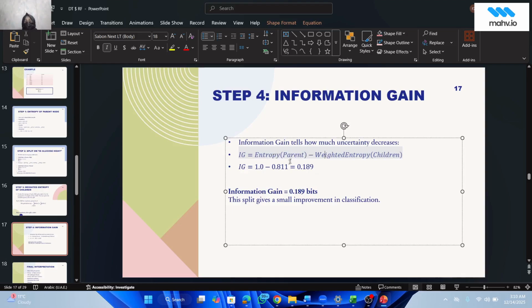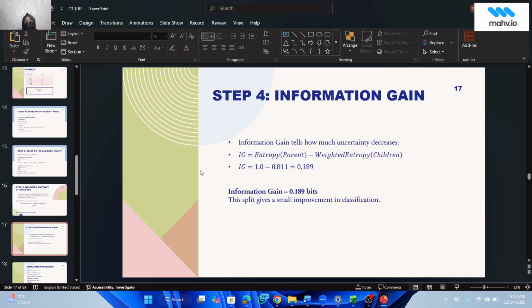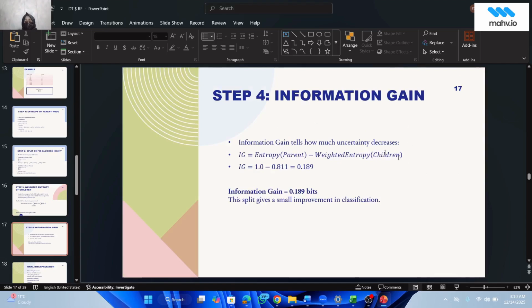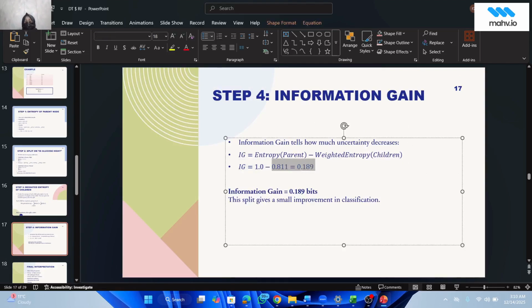Entropy of the parent, that is before split, is 1. After split it is 0.1111, that we have done in that slide, the weighted entropy. So at the end we got information gain 0.189. So what does it mean? Information gain is 0.189.